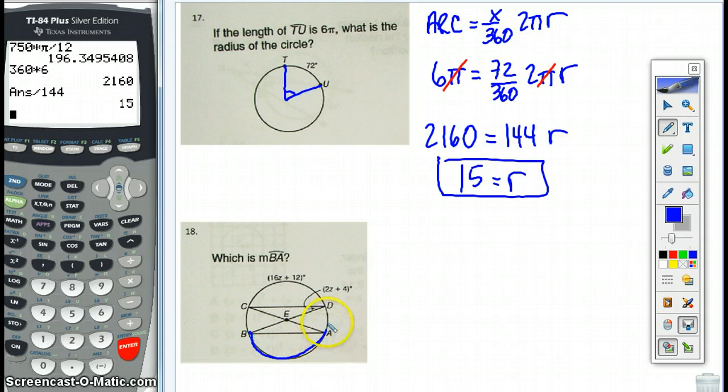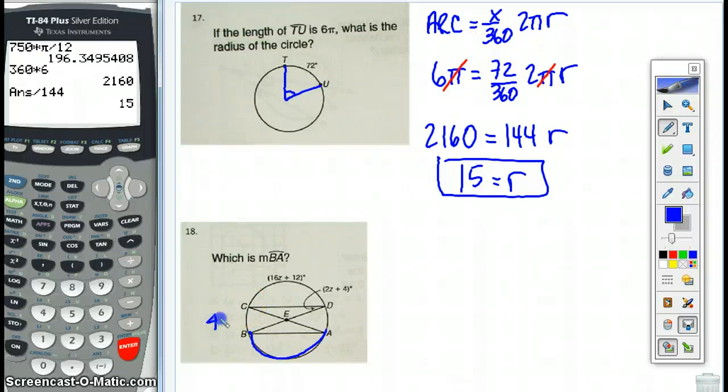But we know that if I can find this arc, that arc plus that arc equals 180 because that's a half circle. So I'm going to go find the measure of this arc. We know the inscribed angle, and you take the measure of the inscribed angle and multiply it times 2, and it will give you that. So let's go ahead and do that now.